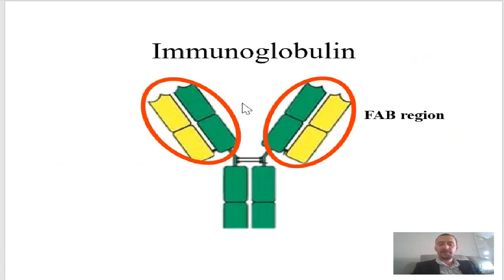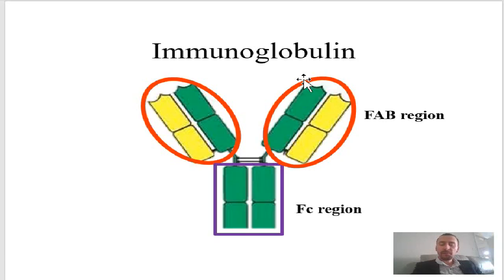Now, in terms of the structural characterization of immunoglobulin, it's done in a number of ways, but we'll start with the Fab region. The Fab region is the upper part of the immunoglobulin, and it contains the region that will directly bind to the antigen. Whereas the Fc region is the bottom component of the antibody, and this region is used to attach to phagocytes to enable it to eliminate any antigen that's bound to the immunoglobulin.